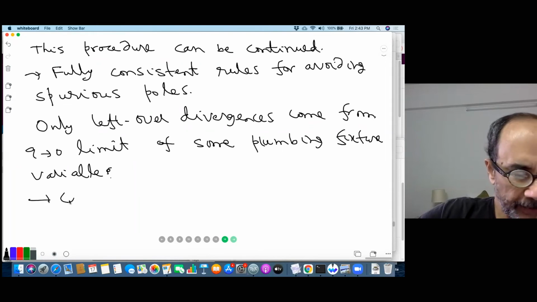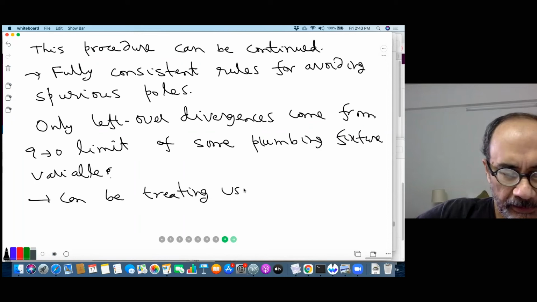And these, of course, can be dealt with, can be treated using the Feynman diagram viewpoint.